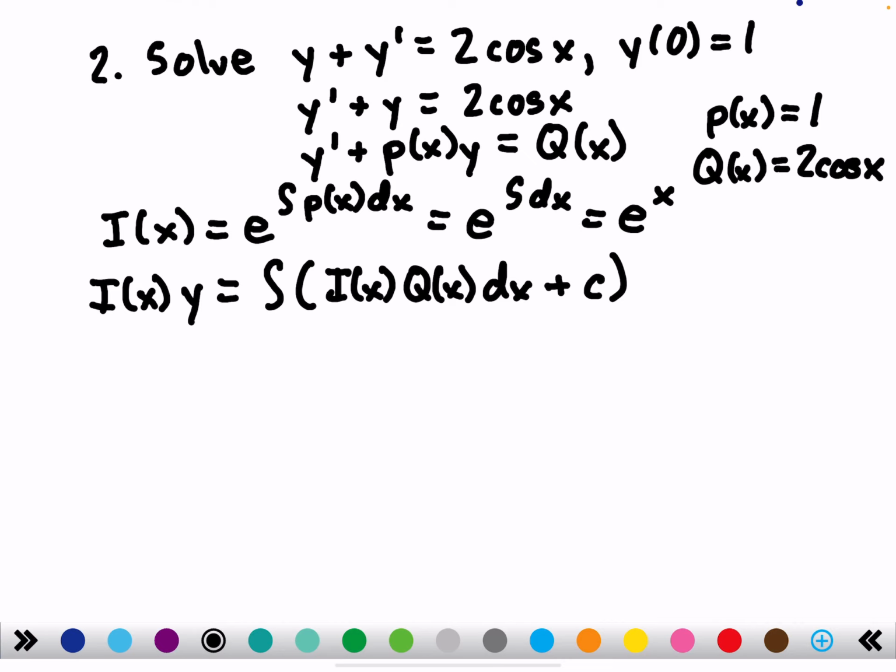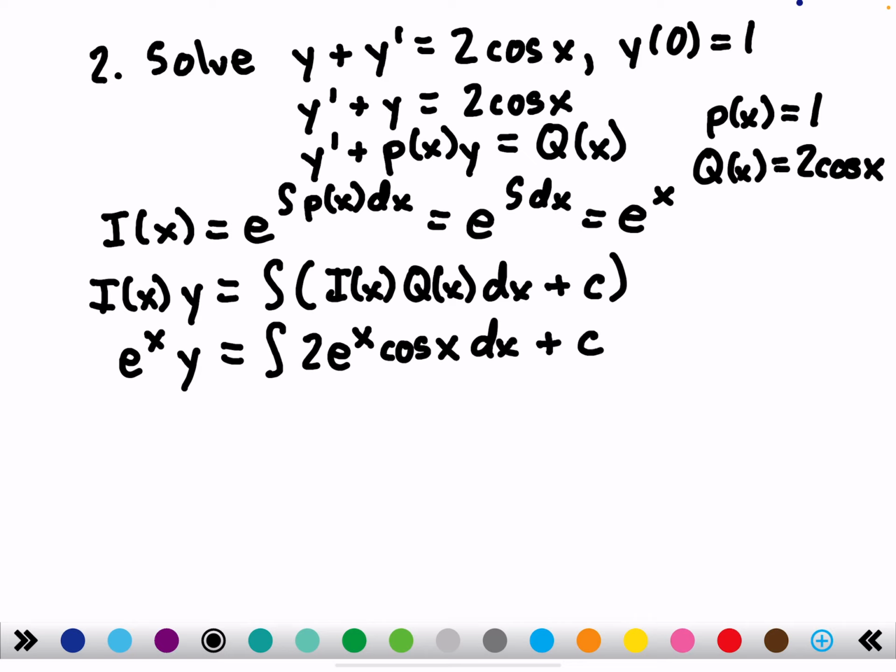And we'll substitute in the values of I sub x and q sub x. So e to the x times y equals the integral of 2e to the x cosine x dx plus c.